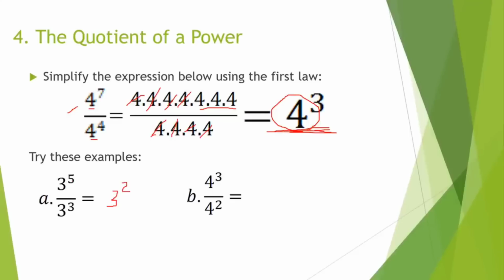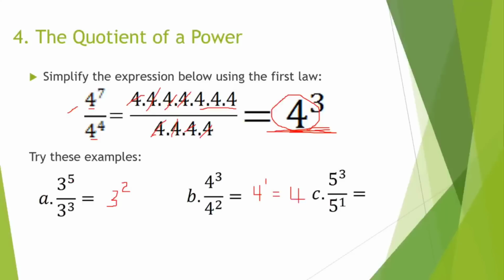For example B, again, the bases are the same, so we copy 4 and then subtract 3 minus 2, and the result is 1. But when the exponent is 1, we don't have to write it, so we simply write 4.